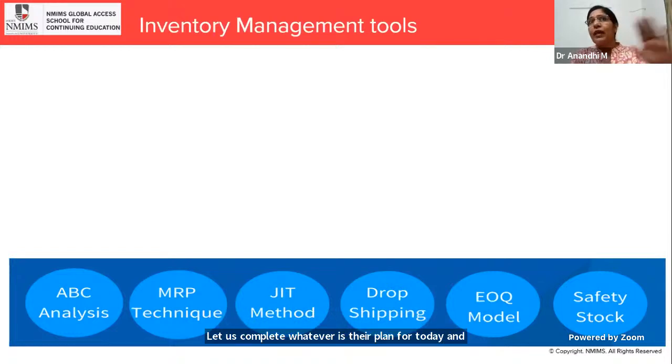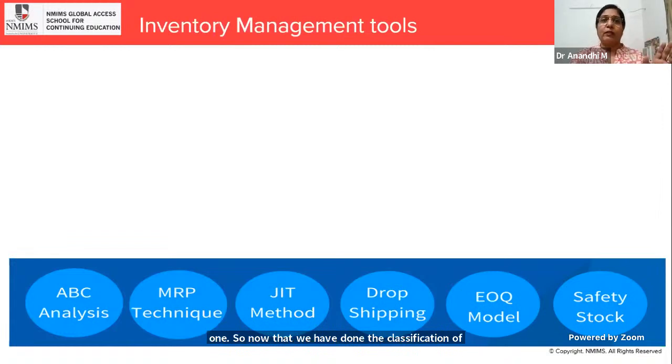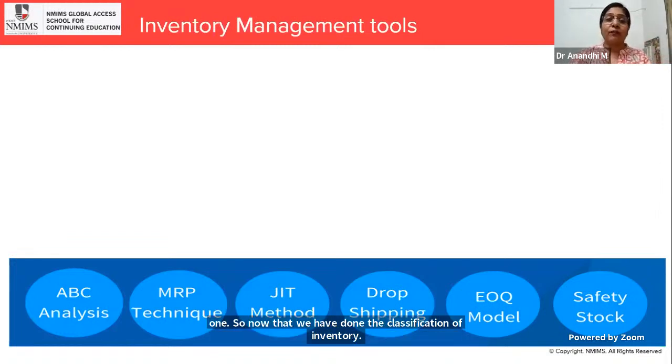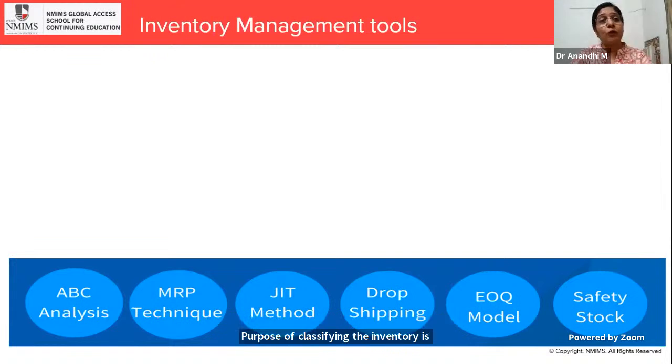So now that we have done the classification of inventory, fine. The purpose of classifying the inventory is majorly to have control over my inventory. So why are we classifying ABC? A high value item means I should have very strict control over my A category of items, since more capital is invested in my A category items. So there are some inventory management tools which help me control my inventory.